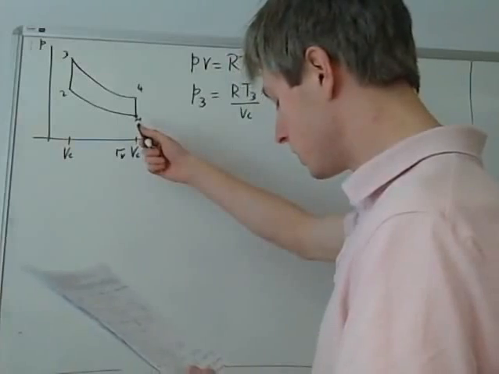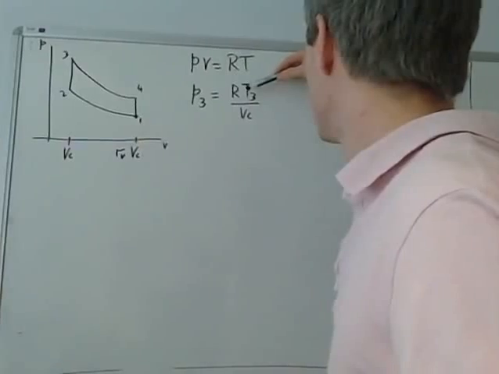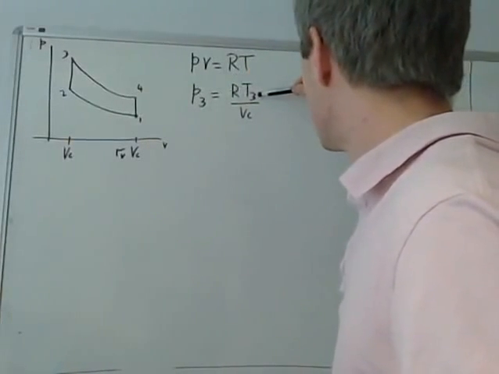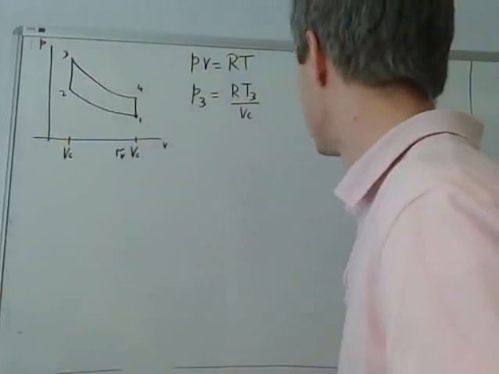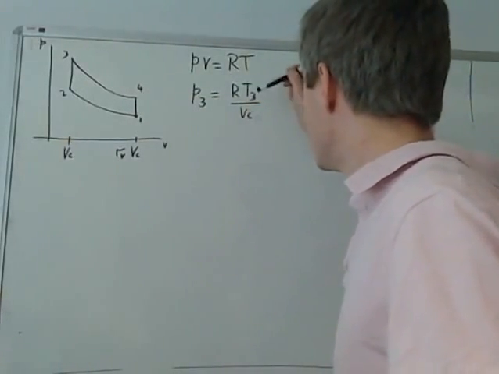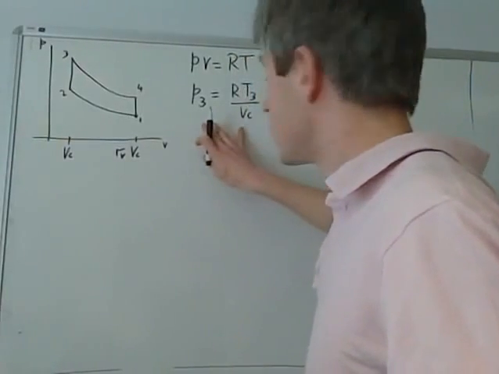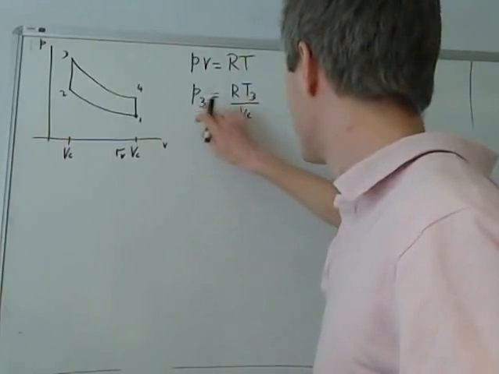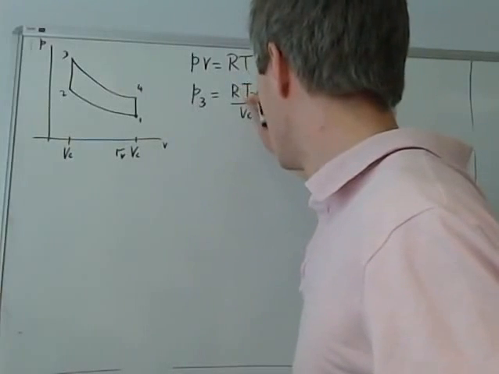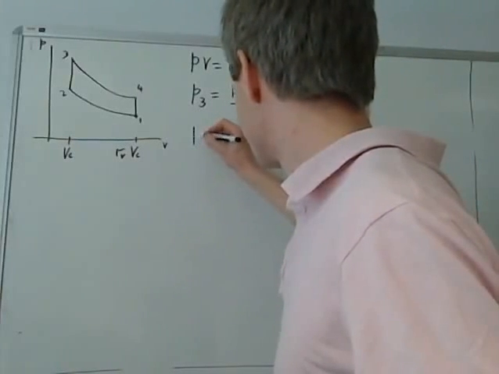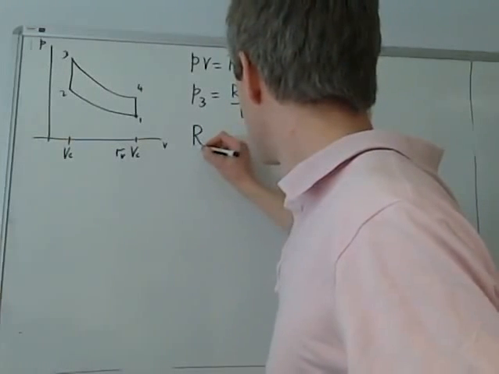If we consider a different point in the cycle, say point 1, so hold on. In here we can come up with an expression for T3, because we've considered the isentropic processes around the cycle and the heat addition, but we don't know what R over VC is. So we can look for another point in the cycle where we know both pressure and temperature, i.e. point 1, and use that to deduce the value of R over VC.